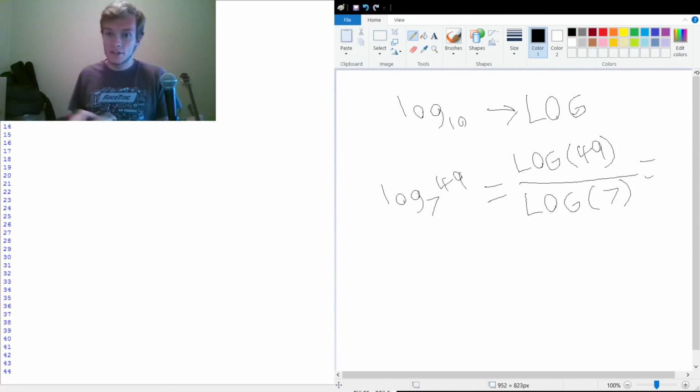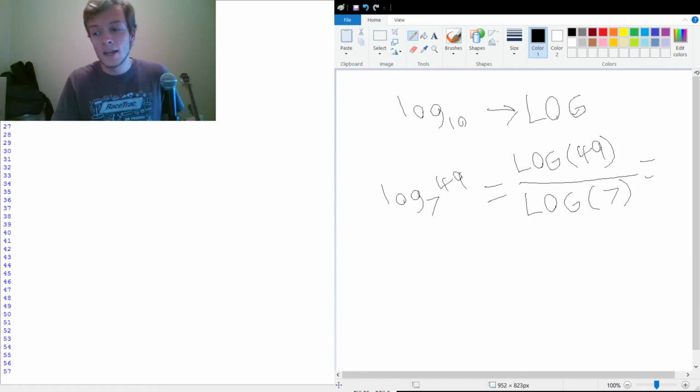I'm actually going to try that out to make sure I'm not blowing smoke here. Log of 49 divided by log of 7. That gives us 2, which is what we said the answer was. This works out because there's some funny stuff that happens when you divide logarithms. It's somewhat like subtraction in a sense. I might have that backwards, but I'll save that for another day.